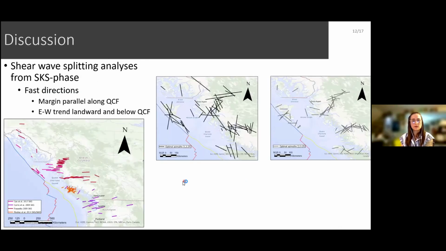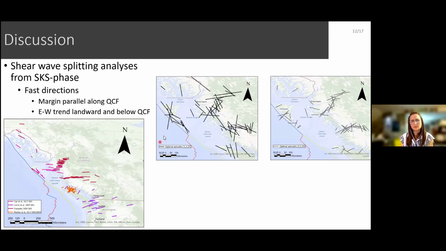We also compared our results to other studies in the area using different methods. These 4 studies looked at shear wave splitting analysis from SKS phases. Along the margin, the fast directions are margin parallel, but as we go on land, they start to trend east to west, and southward they become orthogonal to the margin.